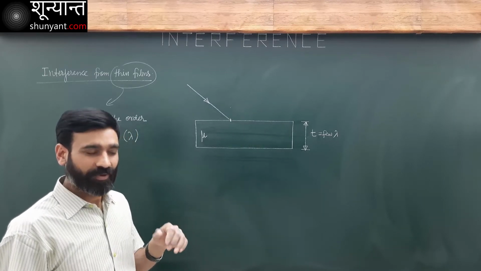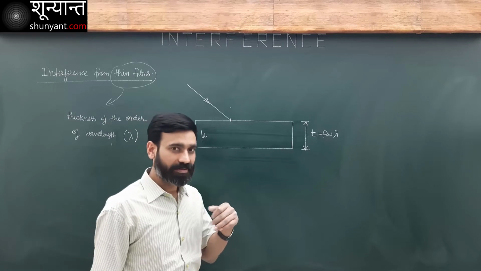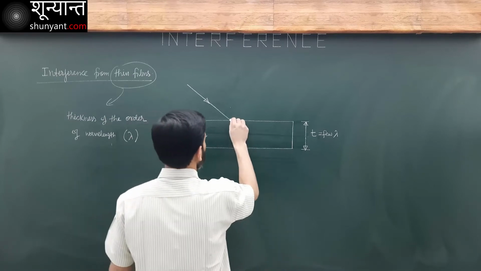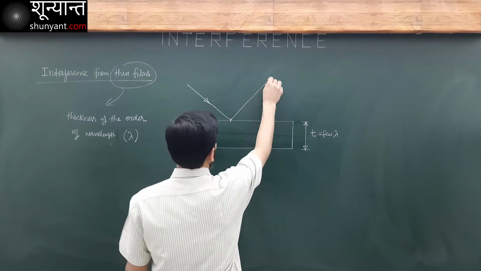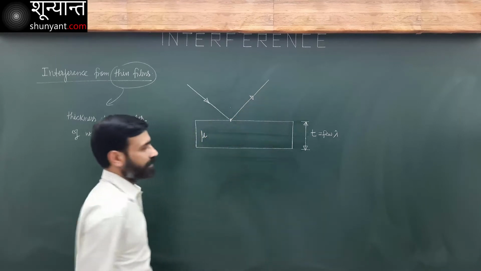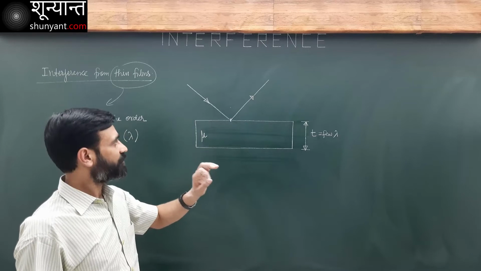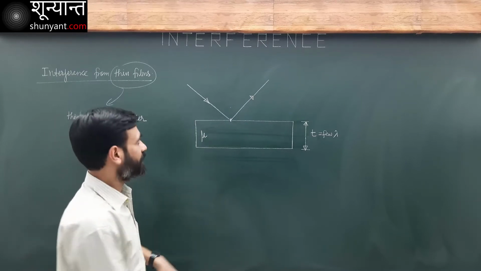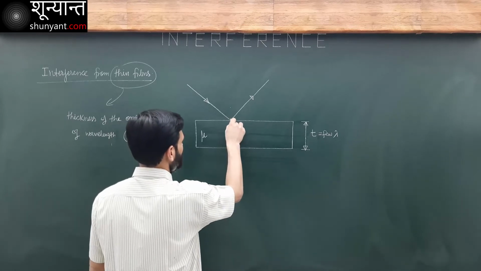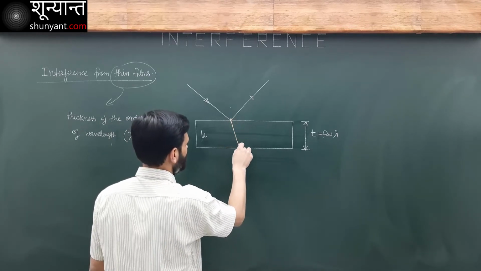So what will happen whenever the medium changes? Some part is reflected. It always happens. Whenever the medium changes, some part of the light is going to be reflected, and the remaining part is refracted, transmitted.